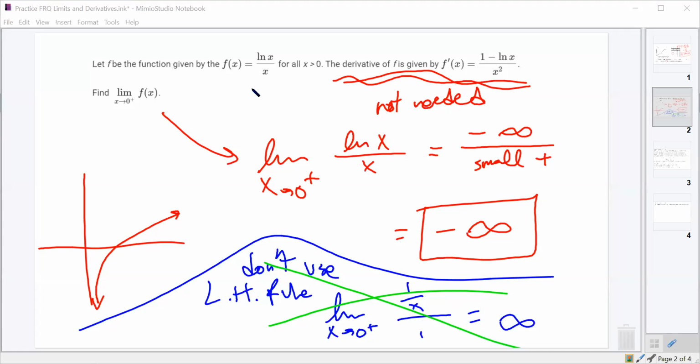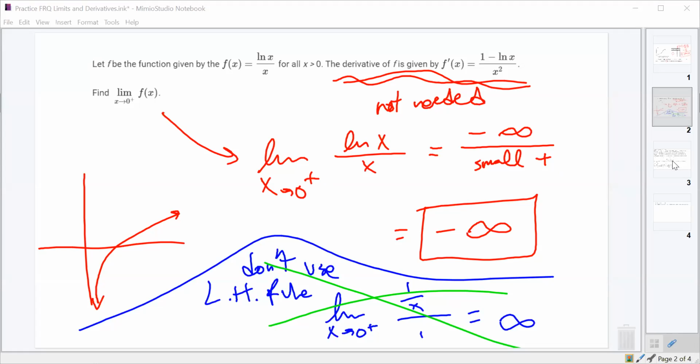But that's not a Calc 1 topic, that's a Calc 2 topic. So for those of you that decide to take BC next year, if you're a junior, or Calc 2 in college, if you're a senior, you'll see those indeterminate forms. They get quite a bit more complicated. So just be aware of that, for those of you that are continuing on in math.